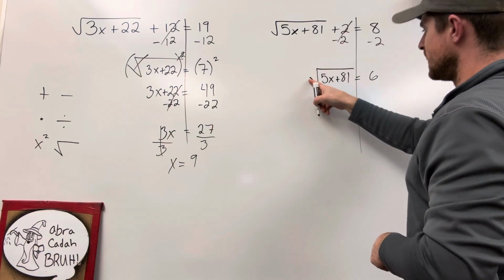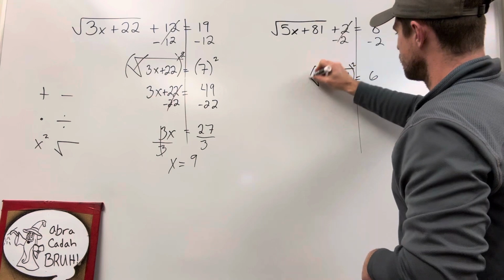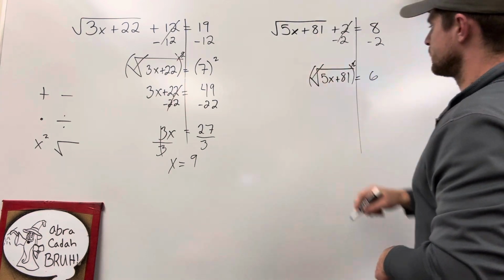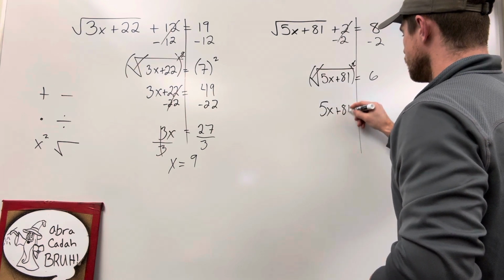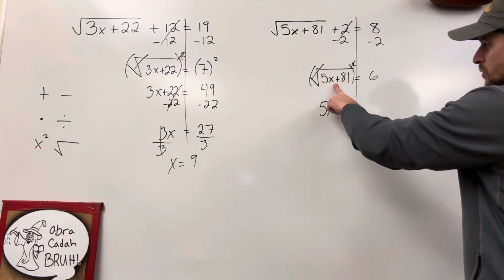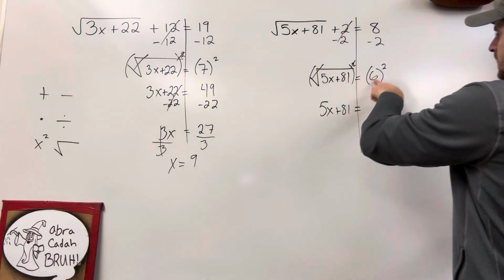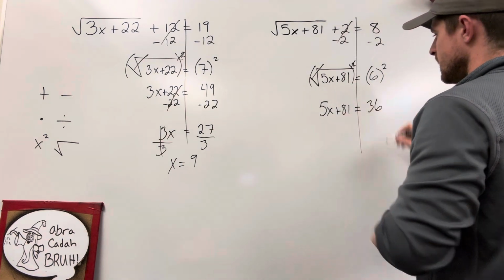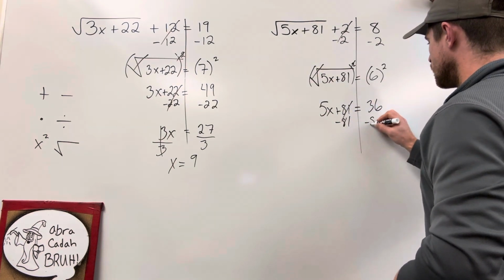Now I need to get rid of this square root symbol, so I'm going to square everything. That cancels that, leaving you with just 5x plus 81. But keep in mind, if I square this side, I need to also square this side. So let's square 6. 6 squared is 36. Now we're in a two-step equation. Take 81 away. Take 81 away.